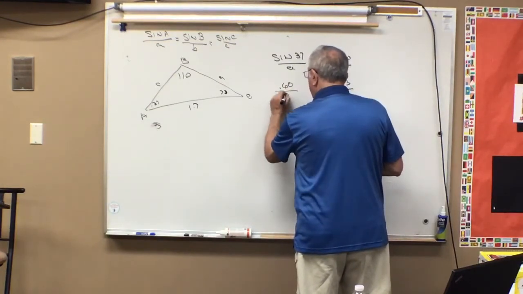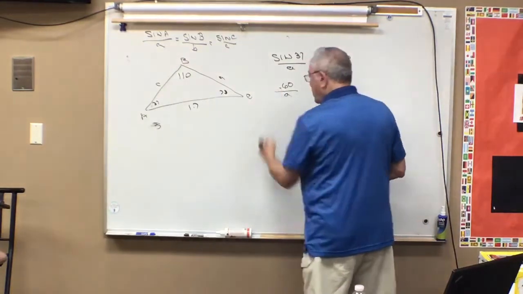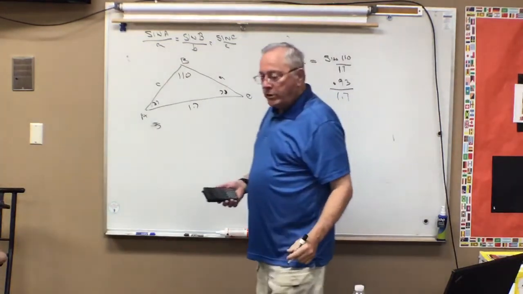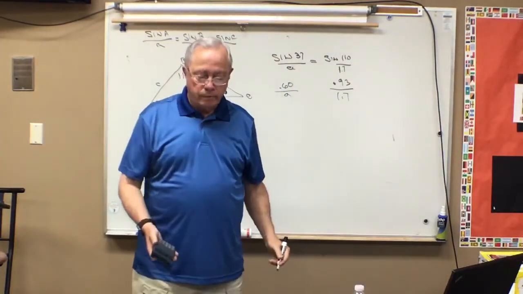So 0.60 over A. What we do now is we just cross multiply, don't we?